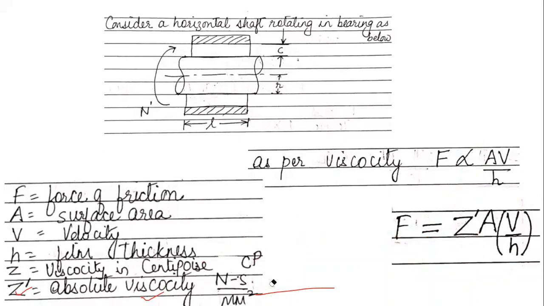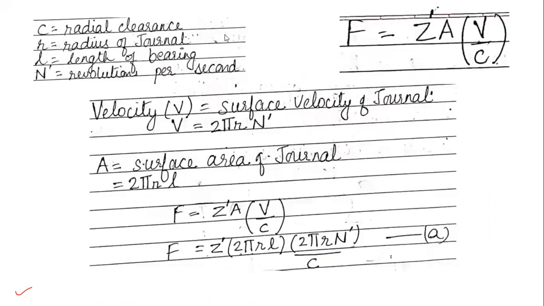Moving on further. Now, in the diagram, we saw that C is the radial clearance, right? And the value of film thickness H will be equal to the radial clearance.